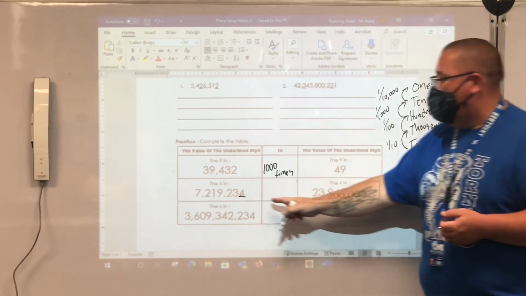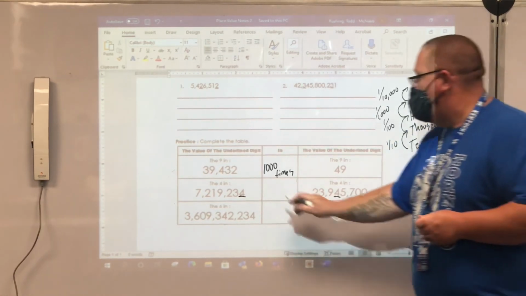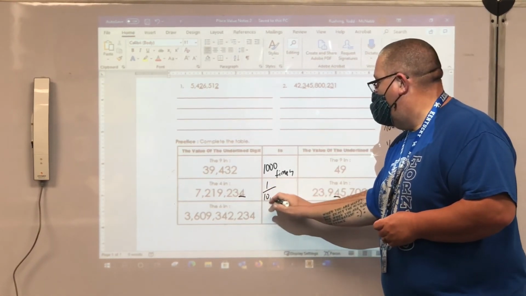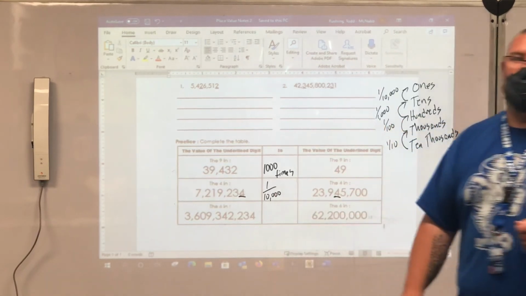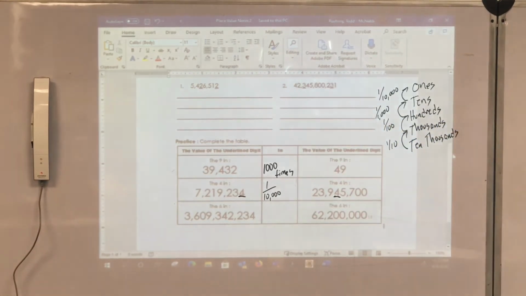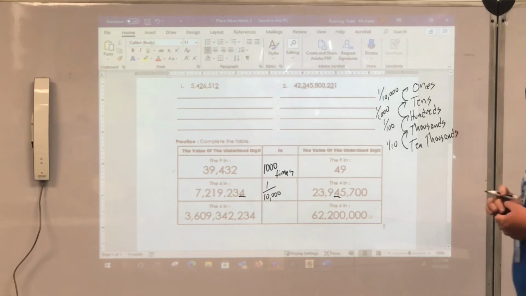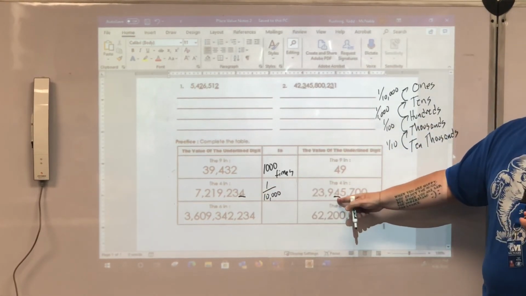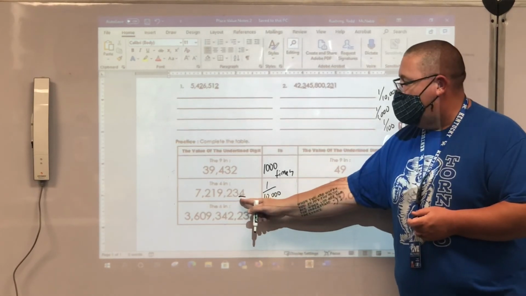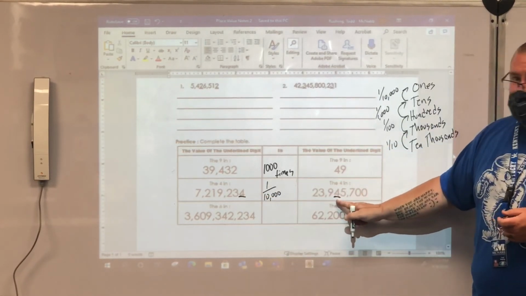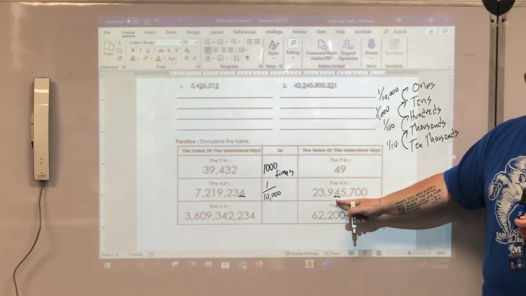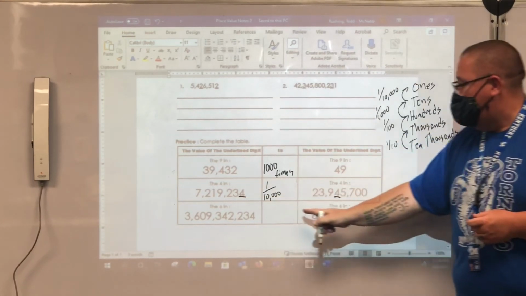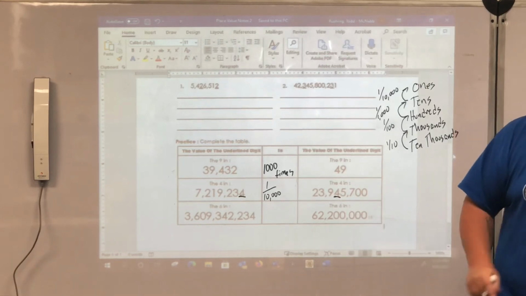So the 4 here is 1/10,000th the size of the other underlined number. This is smaller than that. It would take 10,000 of these 4s to make the 4 in the 10,000s place.